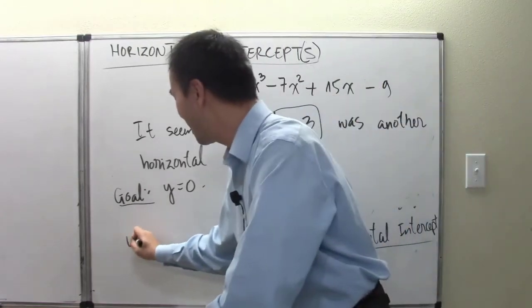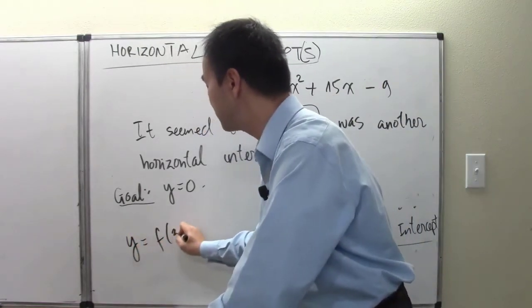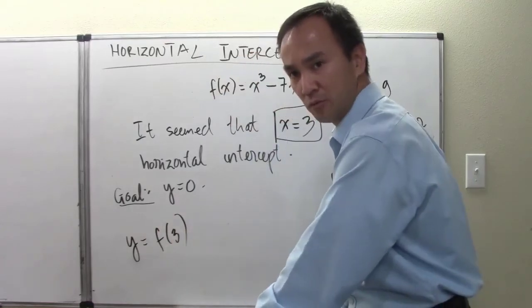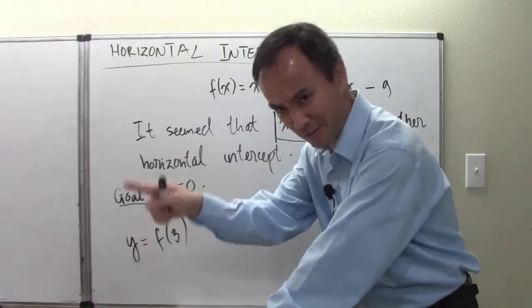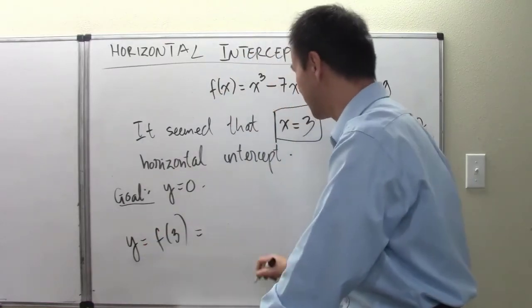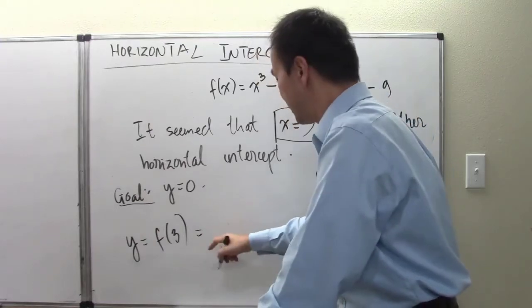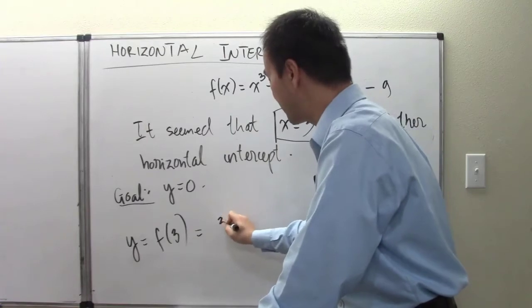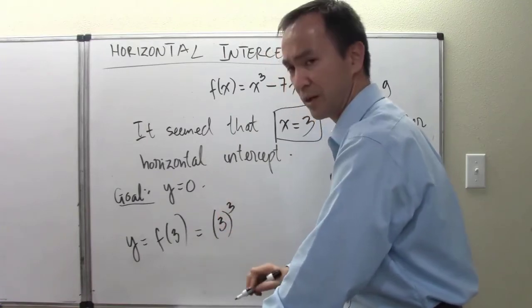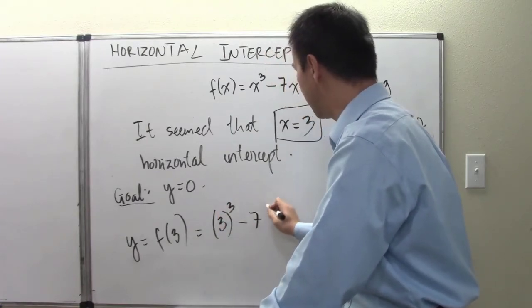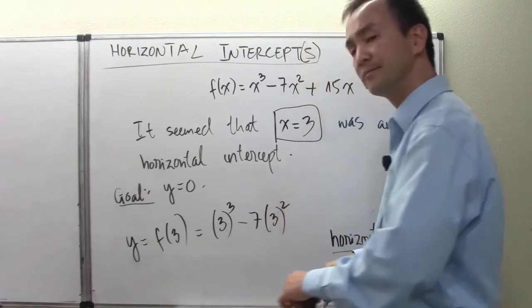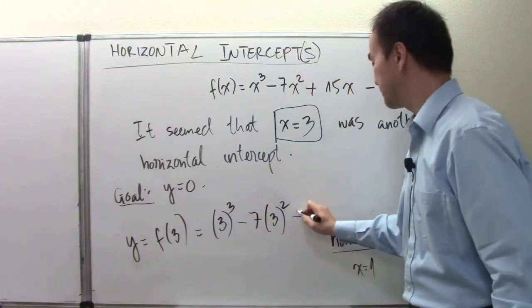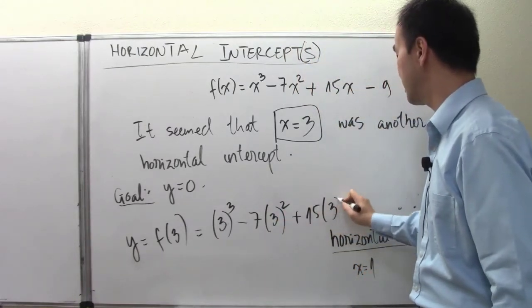So y value equals f of 3. We're substituting x equals 3, the value that it seems like, into the polynomial. When x equals 3, according to this rule right here, our function turns out 3 cubed, which makes 27, minus 7 times 3 squared, plus 15 times 3, minus 9.